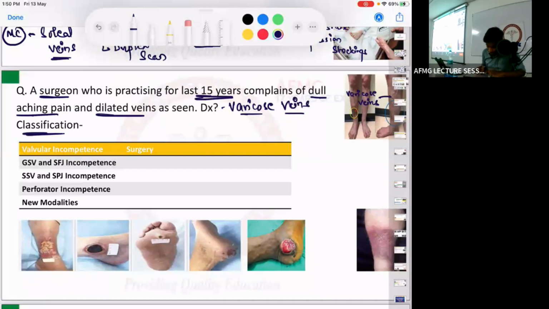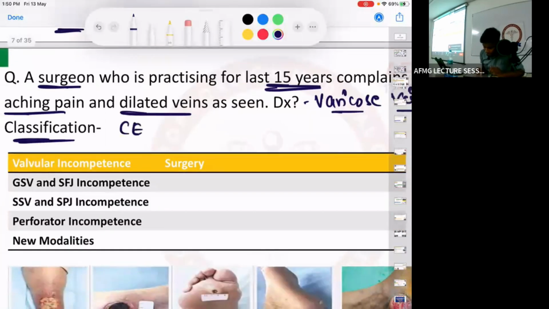The classification used is known as the CEAP classification. वो पूरा नहीं पूछेंगे classification, बट वो पूछ सकते हैं C क्या, E क्या.